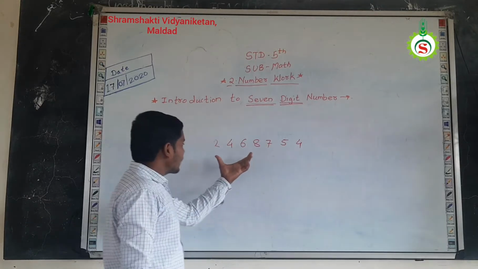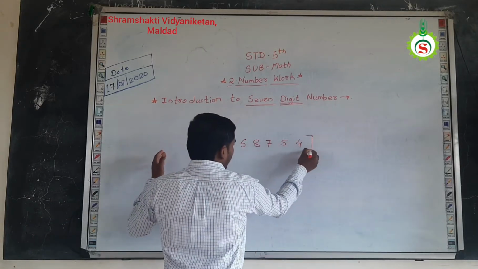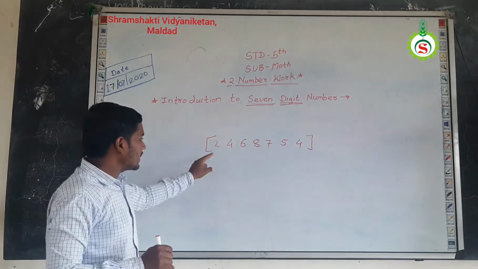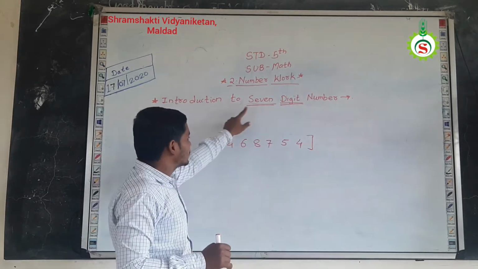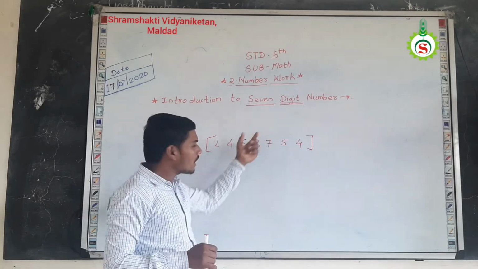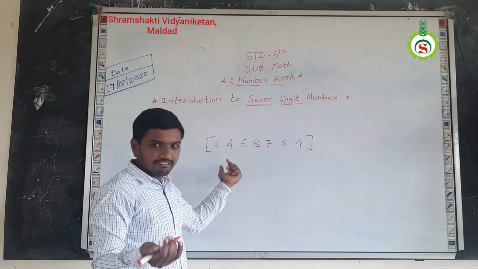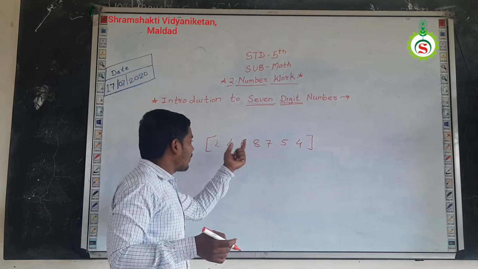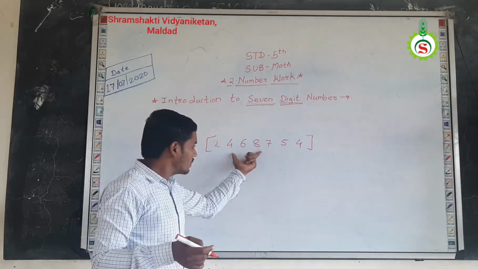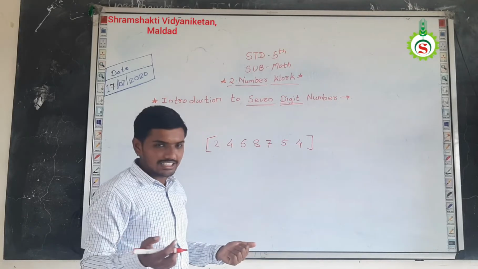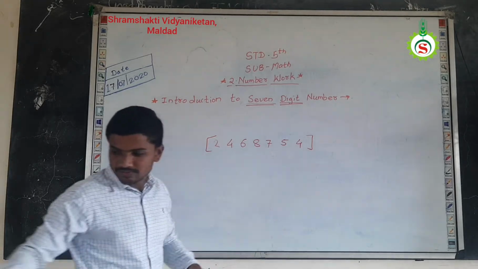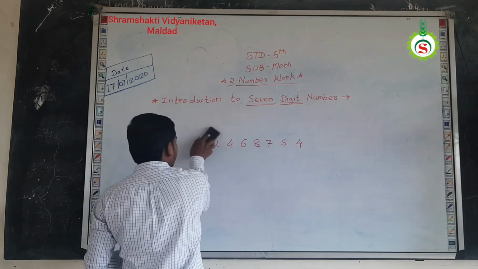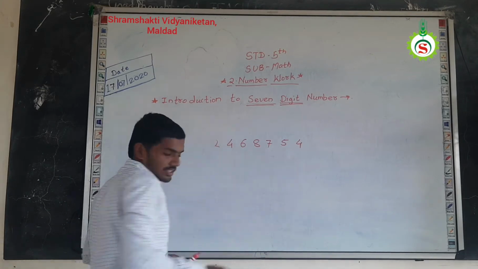Now, if I consider that whole set of digits as one number, then that number is called a seven-digit number, because seven digits are there. And if there are seven digits, I will call that whole number a seven-digit number.